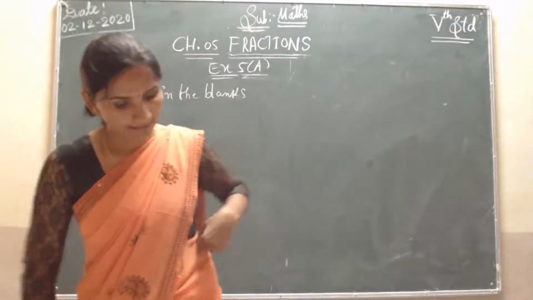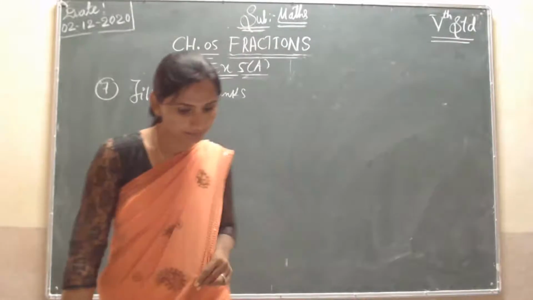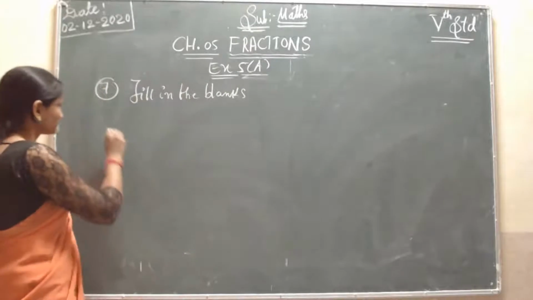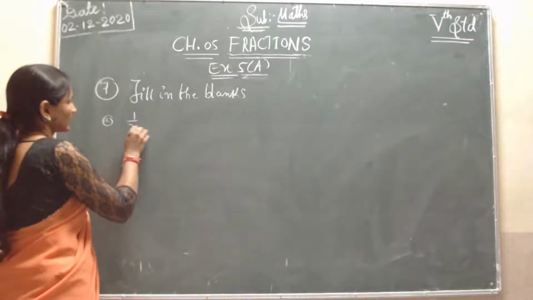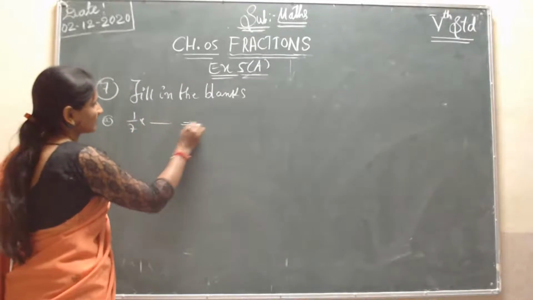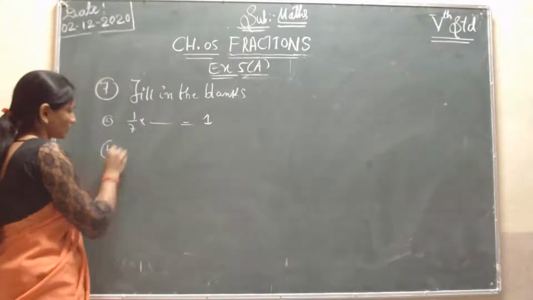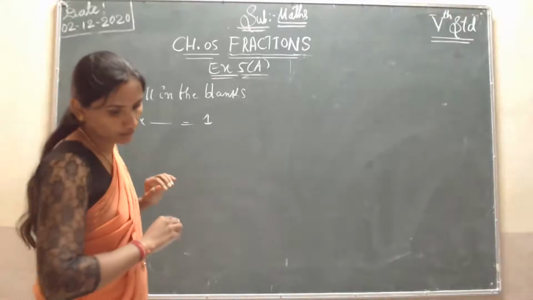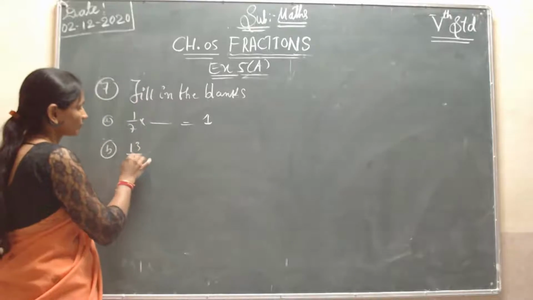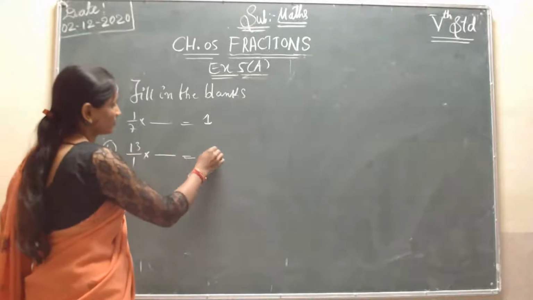Can you observe, students: 7 by 1 into dash is equal to 1. Next, B question: 13 by 1 into dash is equal to 1.